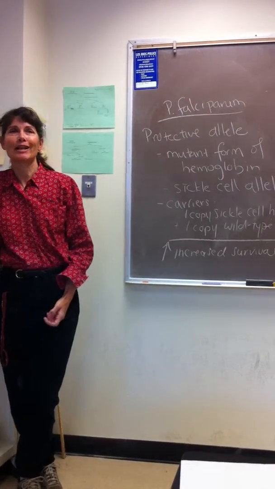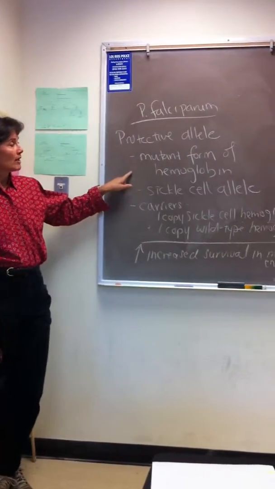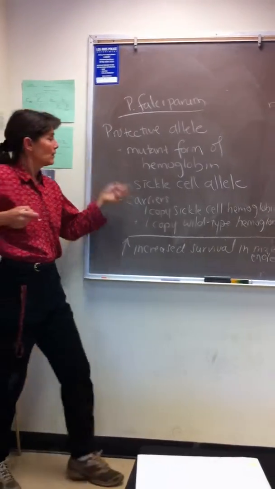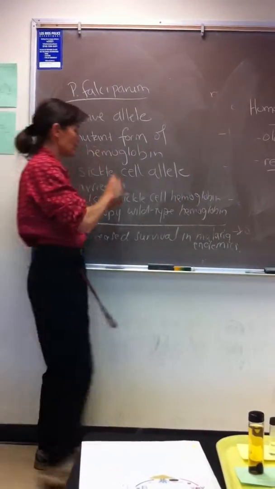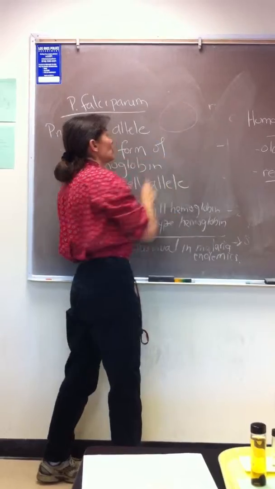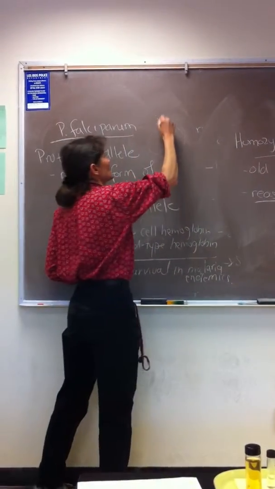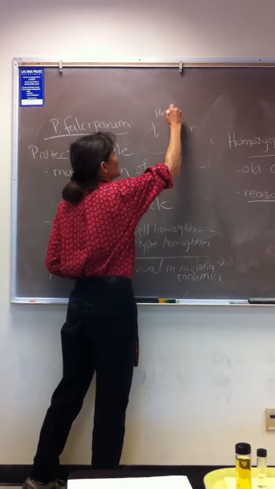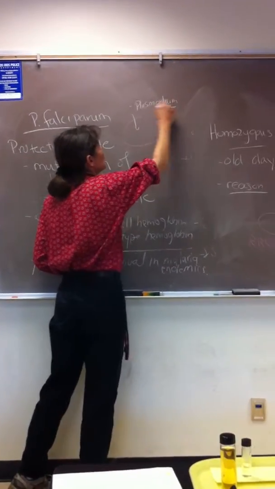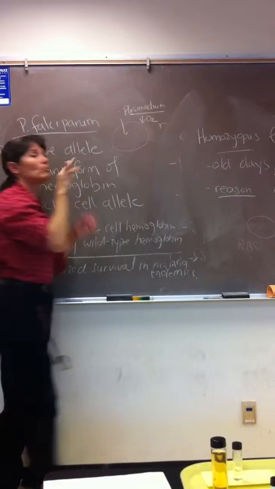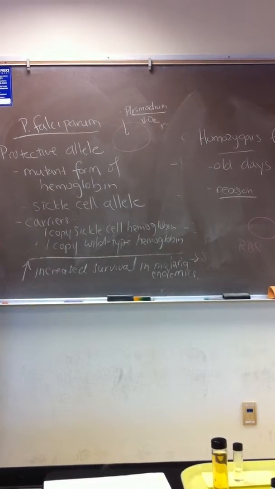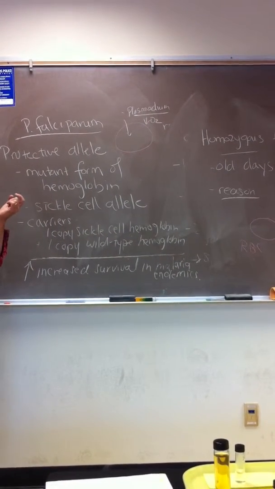The last one I saw that I kind of liked is, if you're a carrier of the sickle cell trait, half your hemoglobin's normal, half of it's sickle cell. If the Plasmodium invades your cells, the Plasmodium will cause a drop in O2, and you'll get some partial sickling of like half your hemoglobin, right?